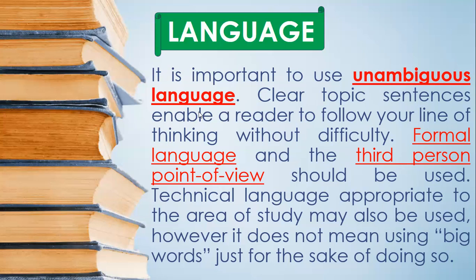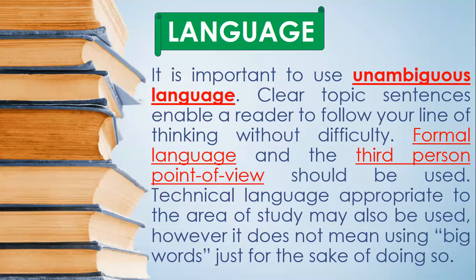In other words, again, when we say unambiguous language, these are languages that can be easily understood by the general readers or by the general public, those people whom you are catering to. Okay, so clear topic sentences enable a reader to follow your line of thinking without difficulty. Why? Because you made use of unambiguous language.